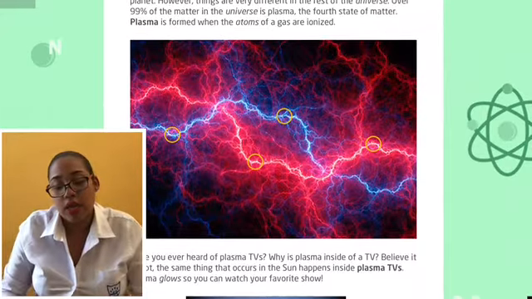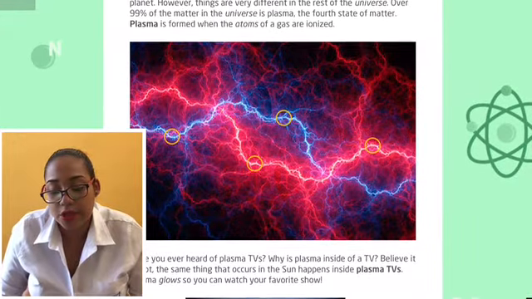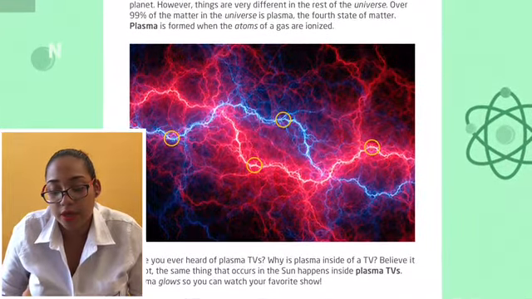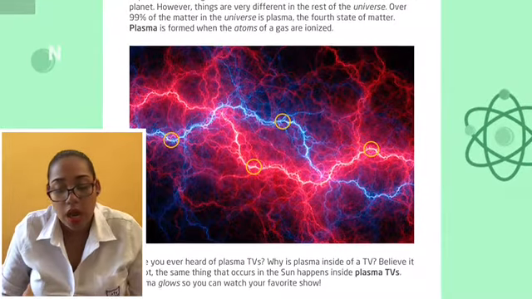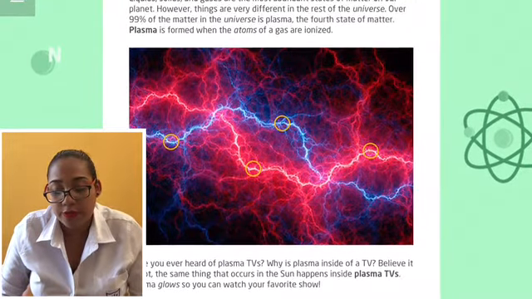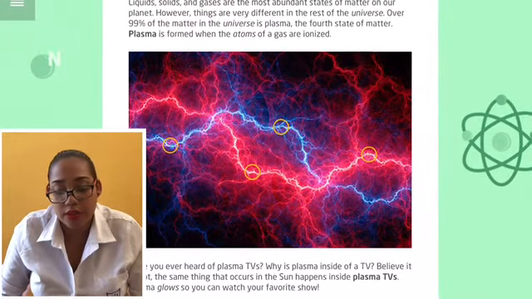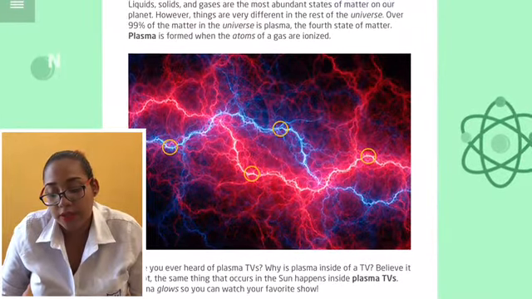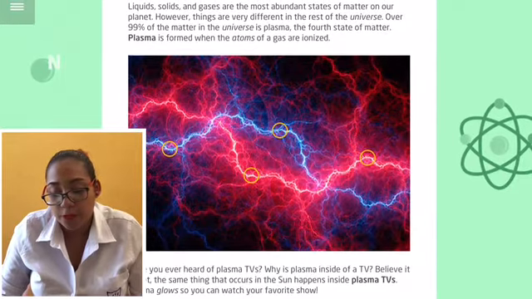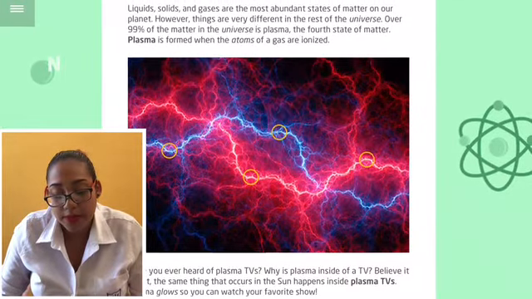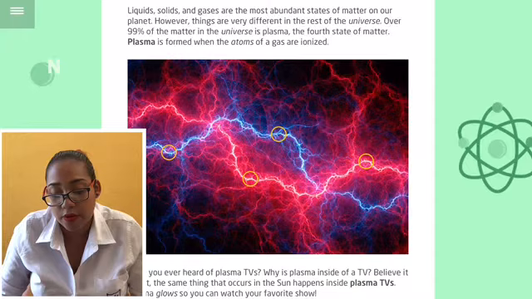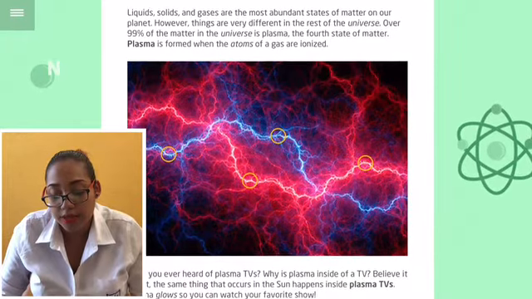It says, liquids, solids, and gases are the most abundant states of matter on our planet. However, things are very different in the rest of the universe. Other 99% of the matter in the universe is plasma, the fourth state of matter. Plasma is formed when the atoms of gas are ionized, okay?